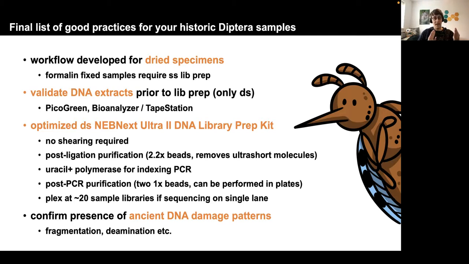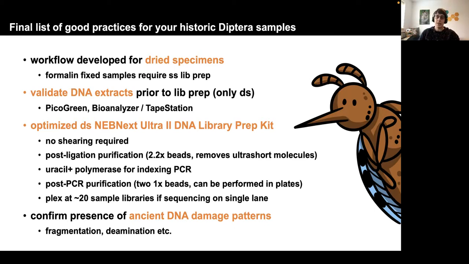We do 2 rounds of 1x SPRI bead purification post PCR, so they can be prepared in plates. It's much easier. It can be automated depending on the number of samples that you have. And this is also good to remove adapter dimers and further select the really short molecules.